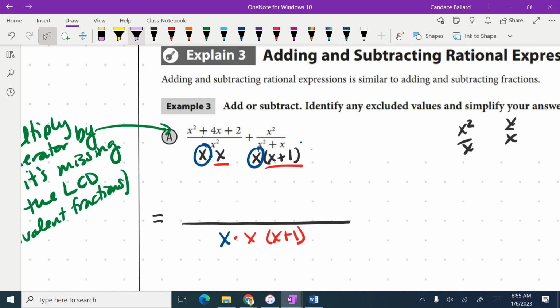Okay, so I am comparing this denominator to that denominator. Do you see how I have a blue and a red? Here I have blue, red, red. Does that make sense? So what's missing from this denominator that's in this common denominator?